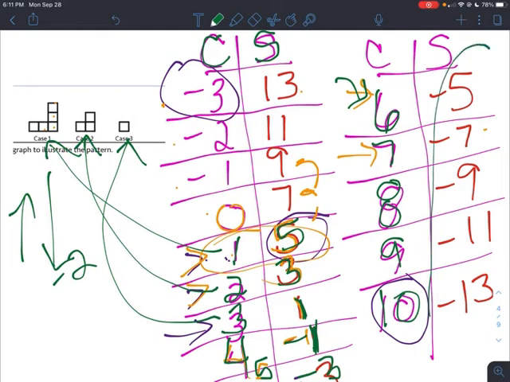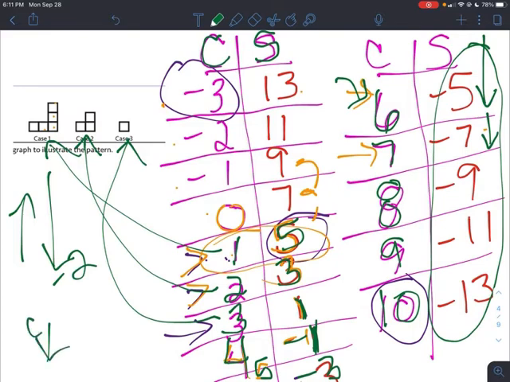And in this column, they just go down by 2 in each one. So now that I figured that out, what happens when the case number gets smaller? Then the number of squares goes up by 2. So for 0, 5 plus 2 is 7, for -1, 9, -2, 11, and then I did -3, which is 13, okay?